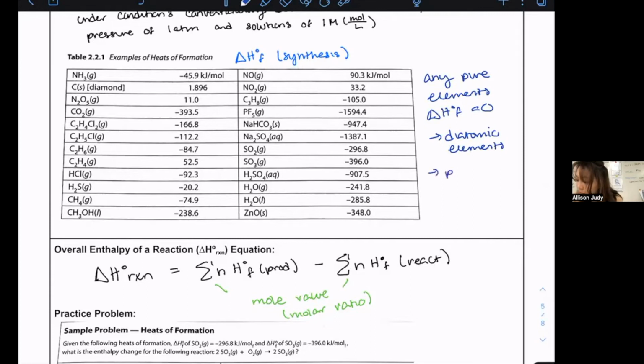Same thing with pure metals, where you just have calcium solid or lithium solid or something like that, a straight metal that's not bonded to anything and not carrying a charge, just neutral metal. That also has an enthalpy of formation of 0. Under standard state conditions, it takes no energy to form.